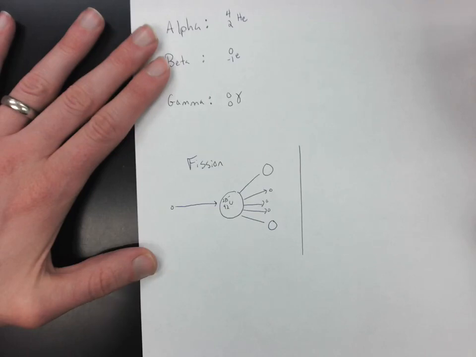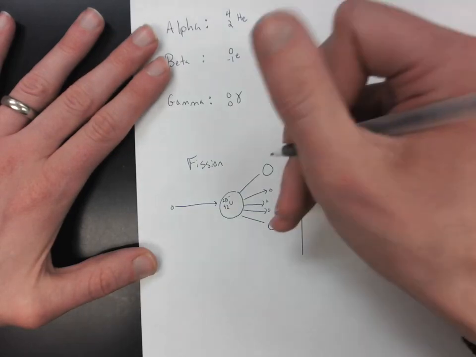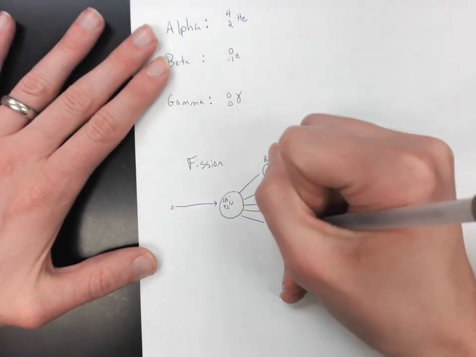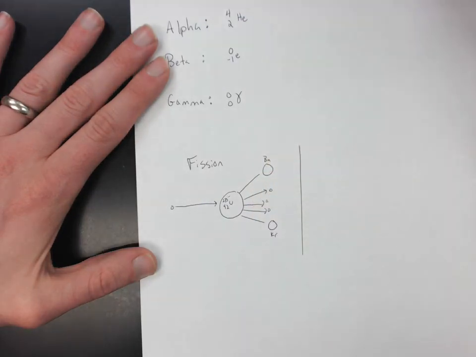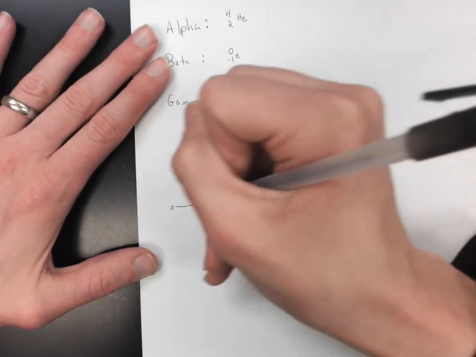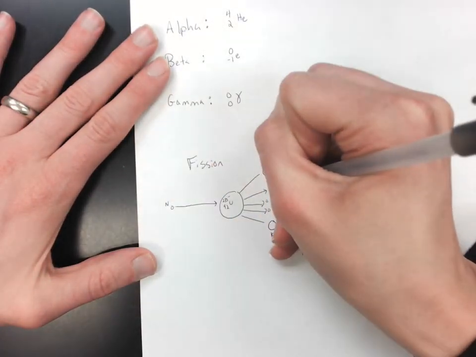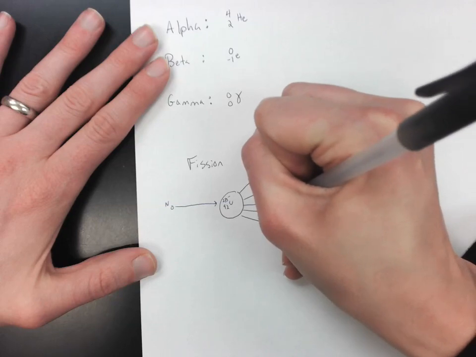Okay, so the daughter nuclei might be something like, I don't know, barium and krypton. Okay, you can look at the periodic table and see that barium is much smaller. It's like element 56, and krypton is something like 36. Okay, and then you have, this is a neutron, and then you also emit three new neutrons.